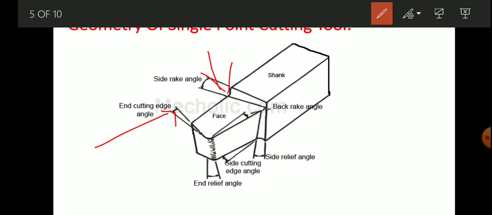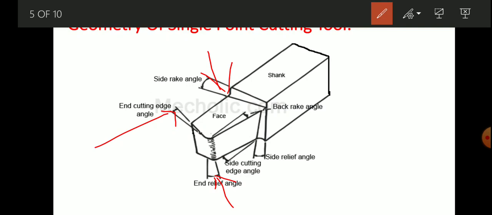It is the angle between the end cutting edge and a line normal to the tool shank. Then we have end relief angle. End relief angle is the angle between the end flank below the cutting edge and a line perpendicular to the base of the tool.